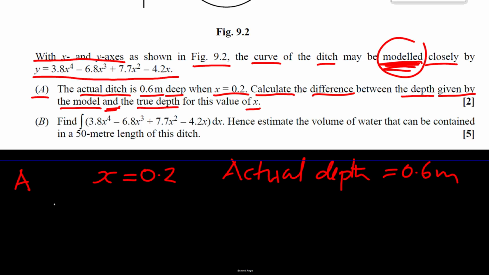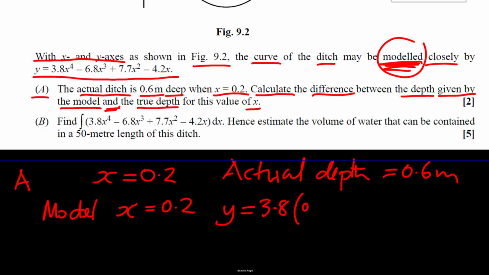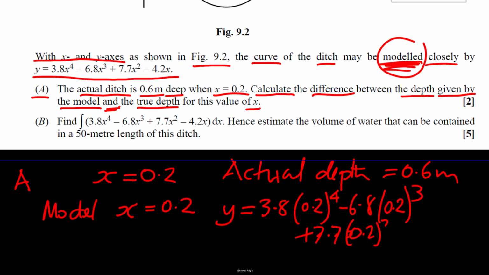The model we can find out by putting X equals 0.2 into the model. There's our Y, yeah. So that's 3.8 times 0.2 to the 4. And you would go through, wouldn't you, and fill in all the way. Cubed plus 7.7, 0.2 again, squared this time, and then 4.2 times 0.2.